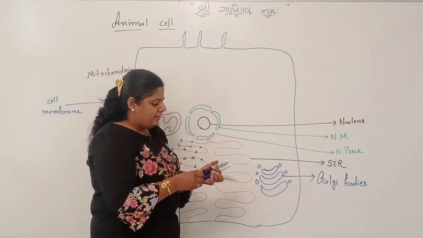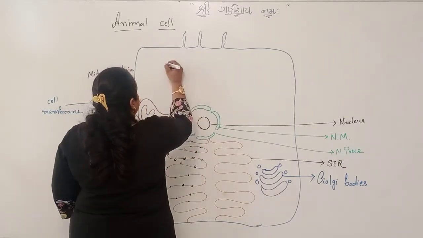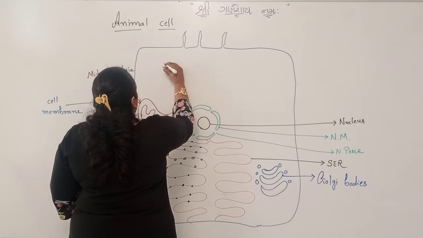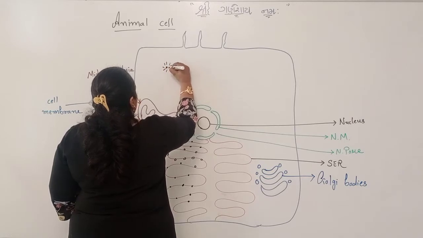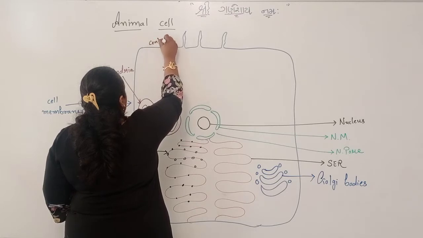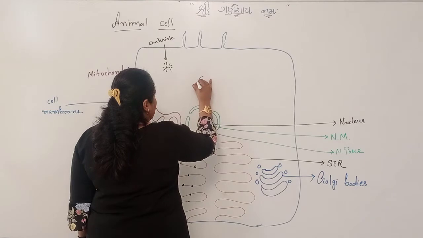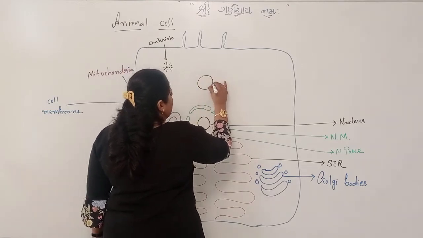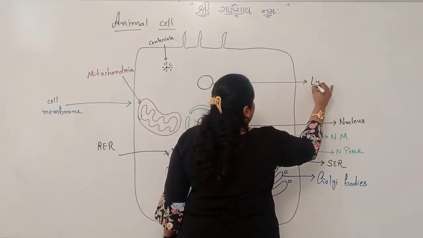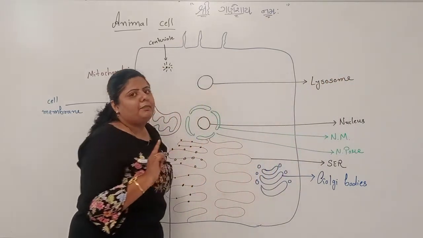Next organelle, centriole. Beta, this organelle is only present in animal cell. It is responsible for cell division. And another organelle, lysosome, also called suicidal bag.